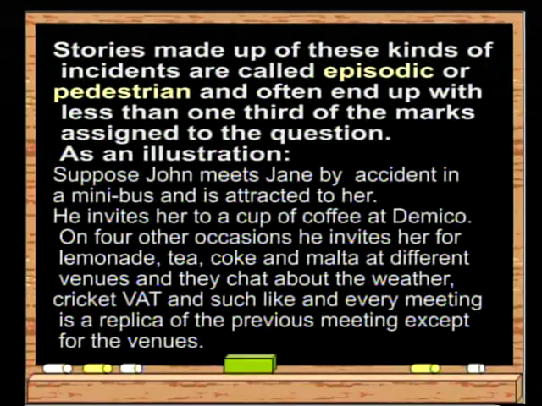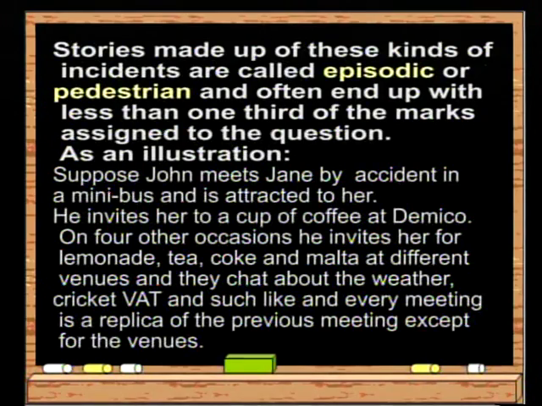One common error made by students at this level is that they relate a series of events, but these are not connected in a logical fashion. Very often, these are separated, isolated incidents. Stories made up of these kinds of incidents are called episodic or pedestrian, and often end up with less than 1/3 of the marks assigned to the question.